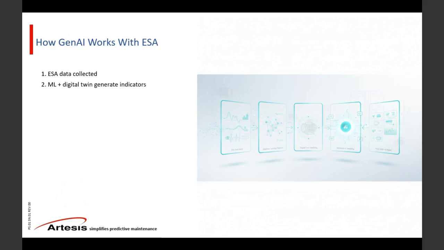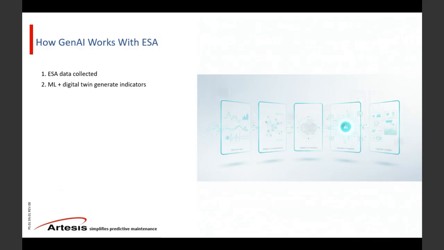Then with the help of machine learning and digital layers, the raw signal, which is high frequency sampled waveform data, is converted into fault patterns, progression rates, confidence scores, and basically structured evidence or indicators.